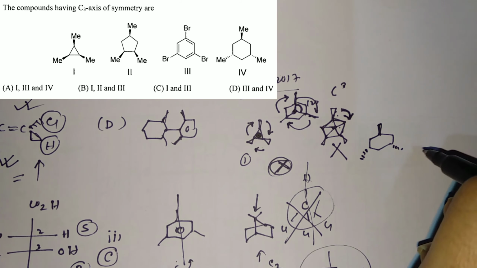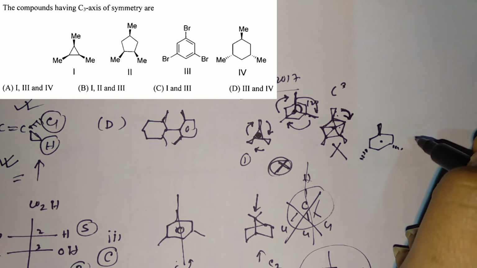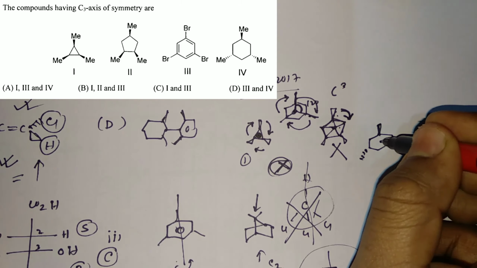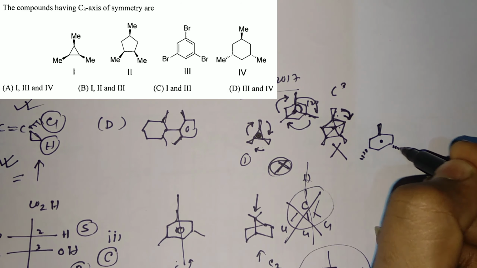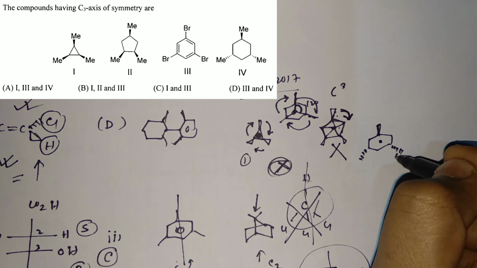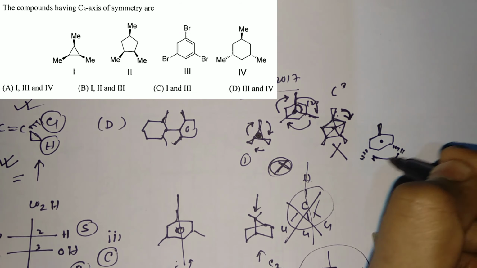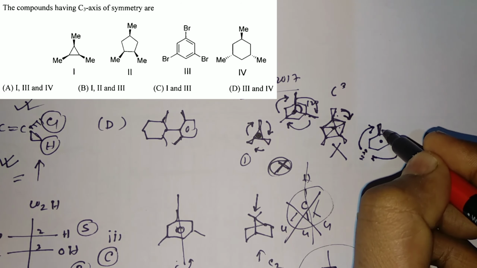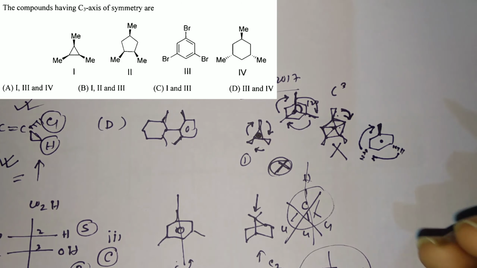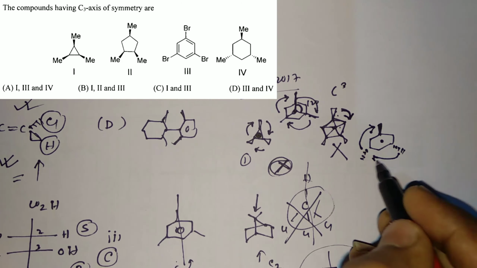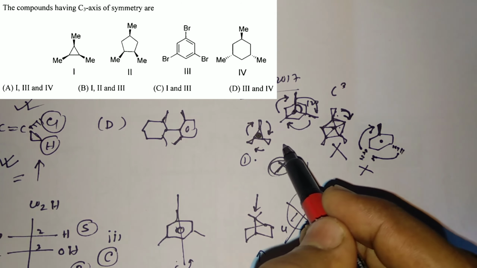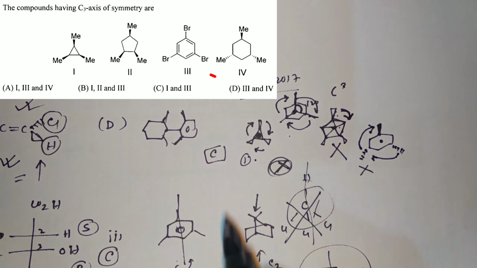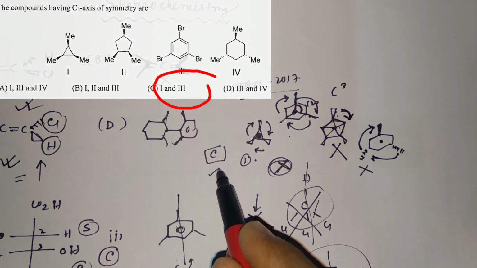You can easily understand that holding here, you will not get the same structure if you rotate via the C3 axis. Because these bonds are on the below side, these two will be interchanged, but when this goes right here, this above bond will not be found. So this is not possible. So the final answer is A and C, that is options 1 and 3 are correct. Okay, so option C is correct.